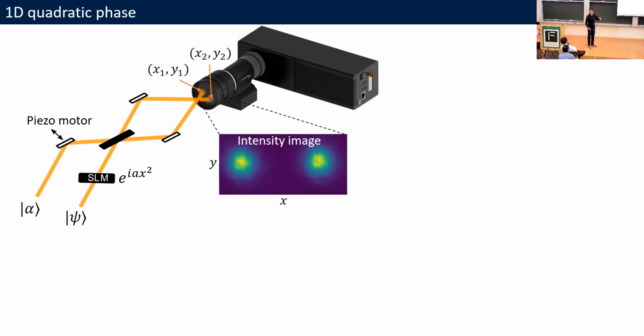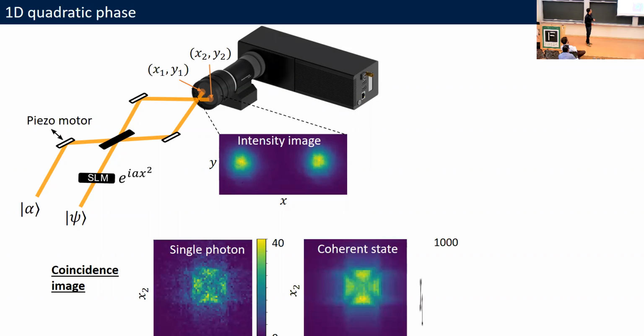This is what you'd expect. The first order coherence interference effect gets washed out. But now if you look at coincidences, suddenly you see this fringe pattern. Here I'm looking at just the x coordinates because everything is symmetric in y, so I can just sum over that and look at the fringe pattern along the x dimension.